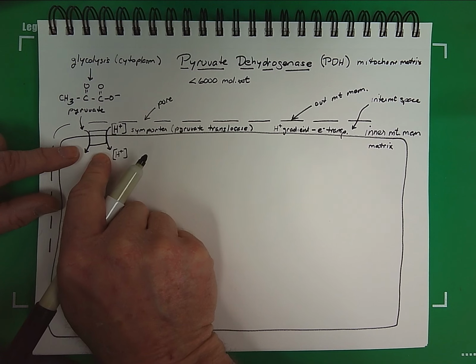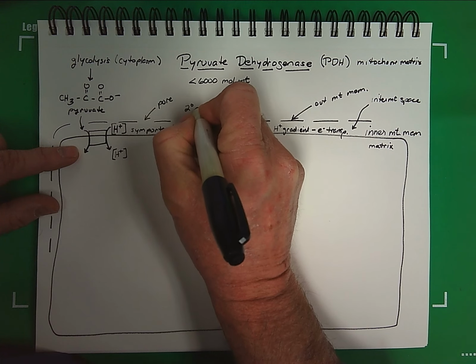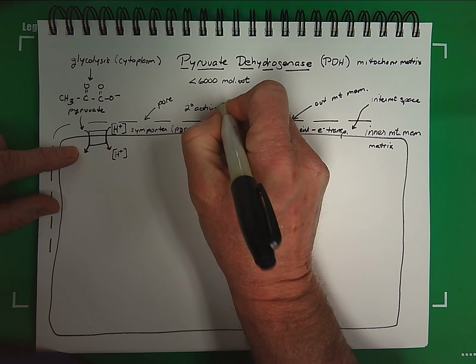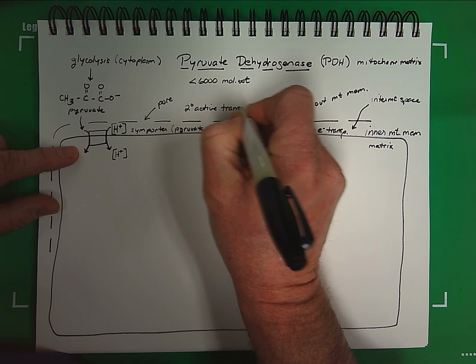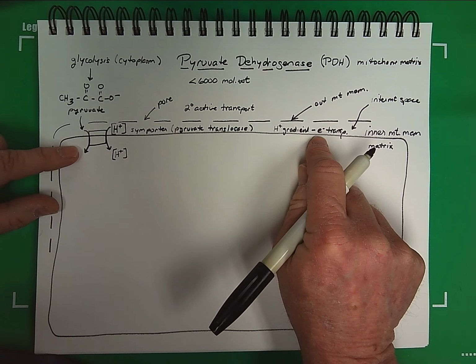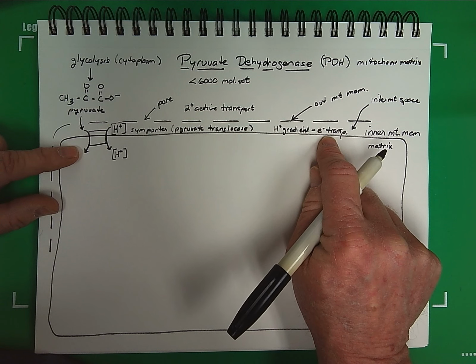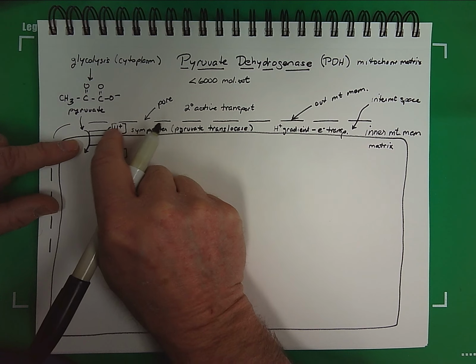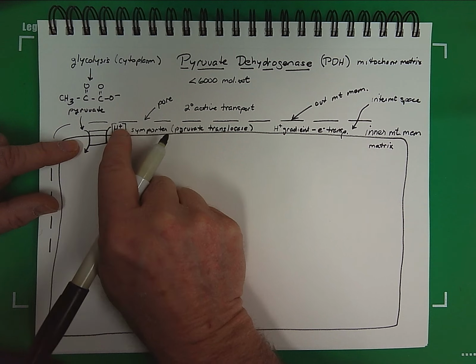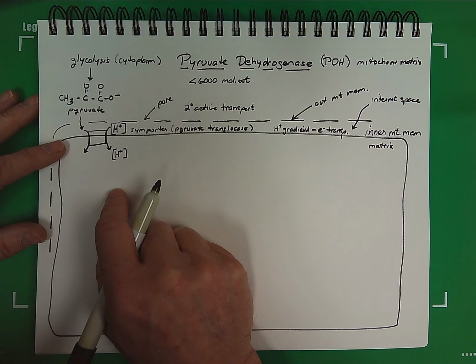So this is considered secondary active transport, because it's the power of a gradient, a chemical gradient, that has been established by other means using energy. We will see this energy at a later time, but it establishes a gradient that we are now using the power of to drive pyruvate into the matrix of the mitochondria.